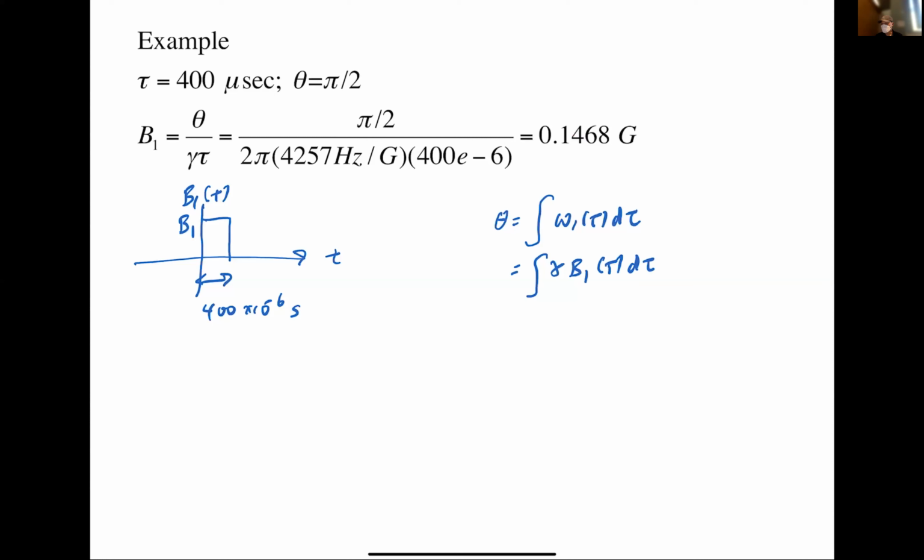So we can write this as gamma times B1 times the length of our pulse, because we're assuming B1 is constant in this case, so it's just the area under our curve. So in general, you can always say that theta is equal to gamma times the area of the pulse.